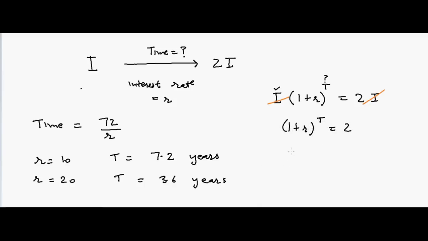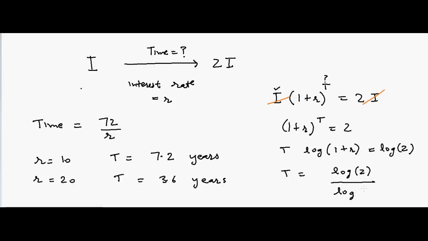Further, if you take log on both sides, it will be t log of (1 plus R) is equal to log of 2, or t is equal to log of 2 divided by log of (1 plus R), right?